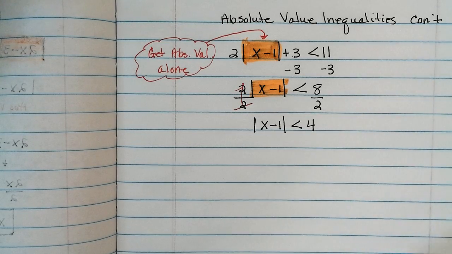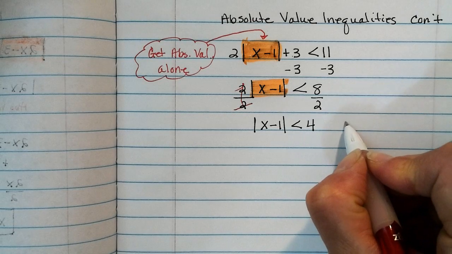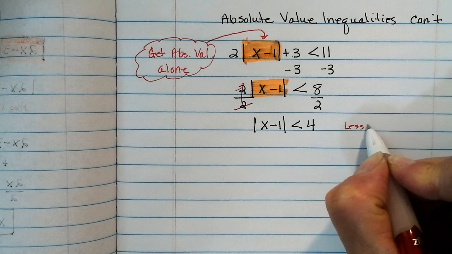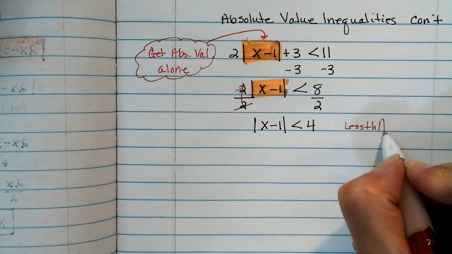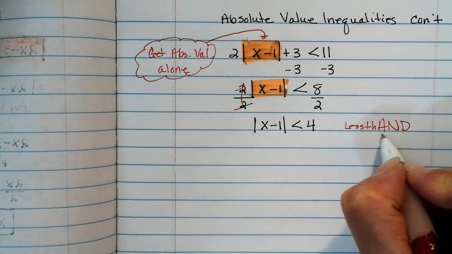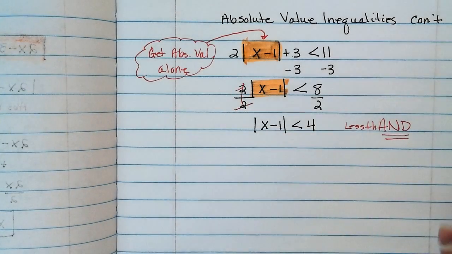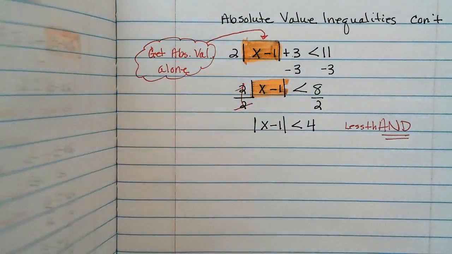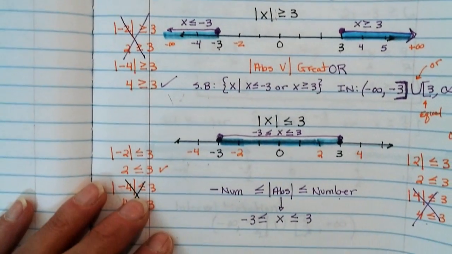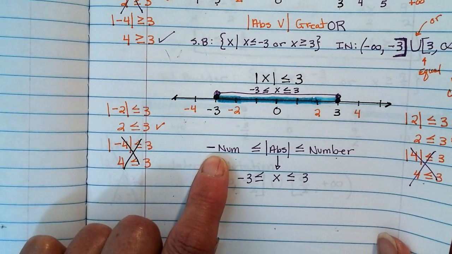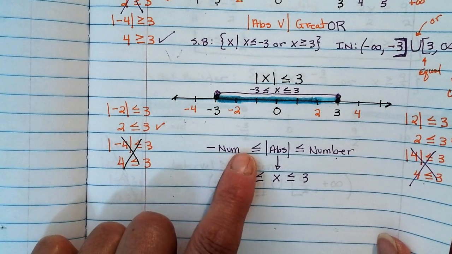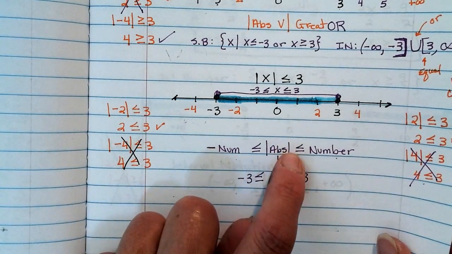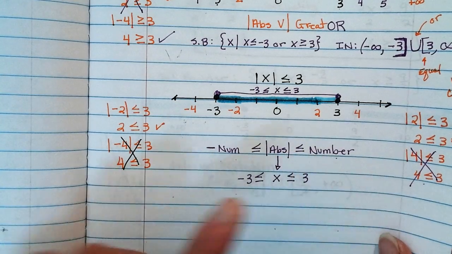So I want you to notice that this here is a less than. I'm trying to get you to use the language to help you figure that out. When we did a less than before, notice how we set it up. Negative of the number is less than the absolute value is less than whatever the number was.